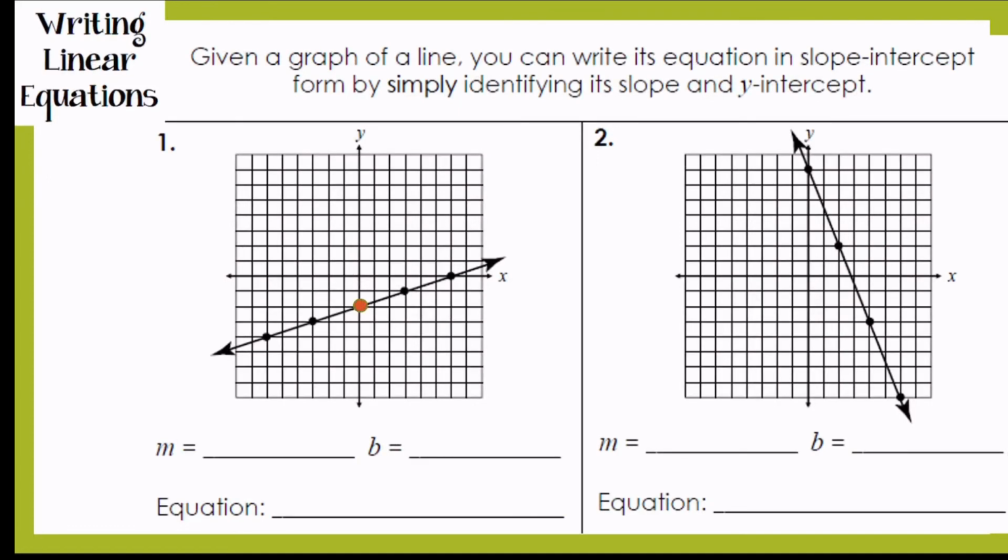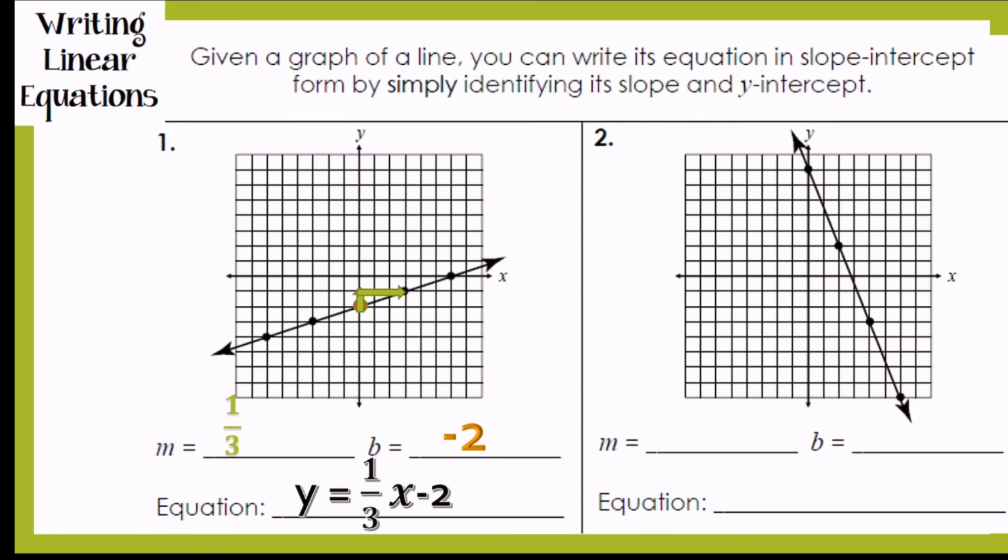There is that point. What is that y value? That y value is -2. Then you can pick any other point you see. You can count up 1 and right 3, so that slope is 1/3. I put that together and I get y equals 1/3 x minus 2.